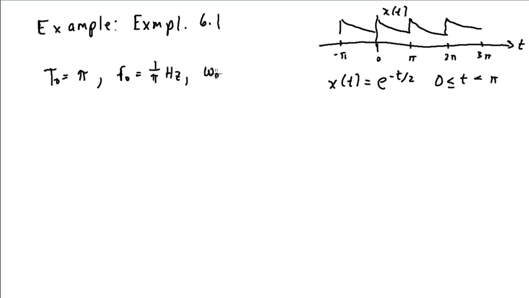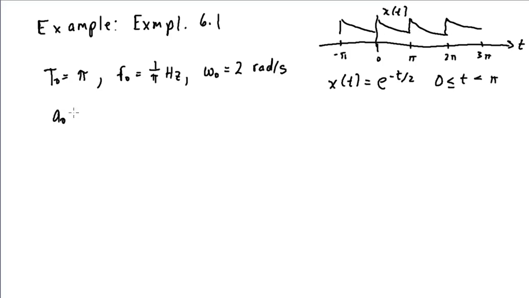And in radians per second, it's 2 pi times f0, so it's 2 radians per second in this case. So here it's going to be a little easier to work with the harmonic components in radians per second. The fundamental frequency would be 2 radians per second. The second harmonic would be 4 radians per second. The third harmonic, 6 radians per second, and so on and so forth.